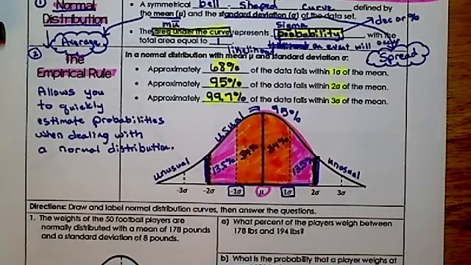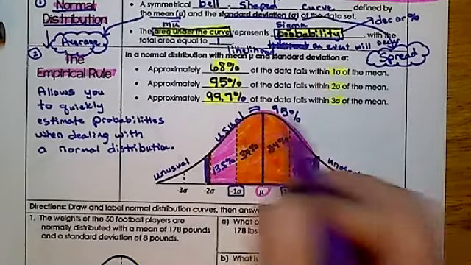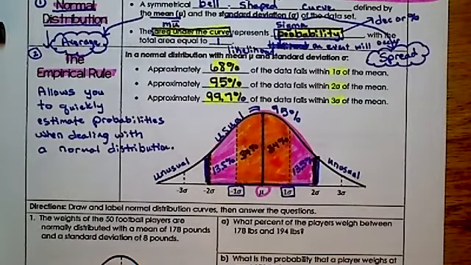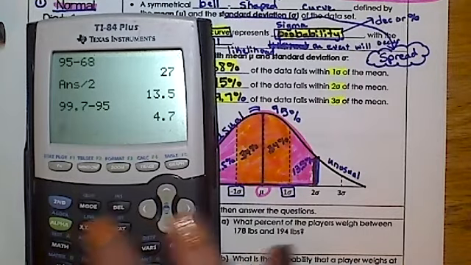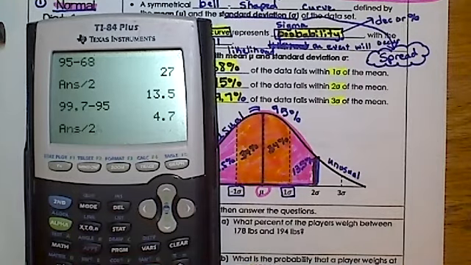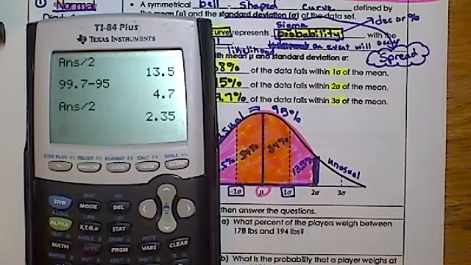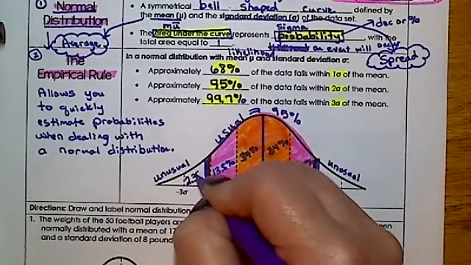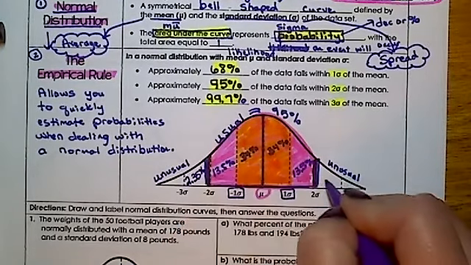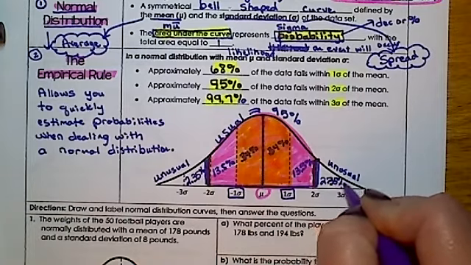Okay, so outside, if you notice, 3 standard deviations would be 99.7% of your data. So we'd have 99.7 minus 95. I'm going to divide that by 2 for those 2 symmetric regions, and we would have 2.35% in each of those.